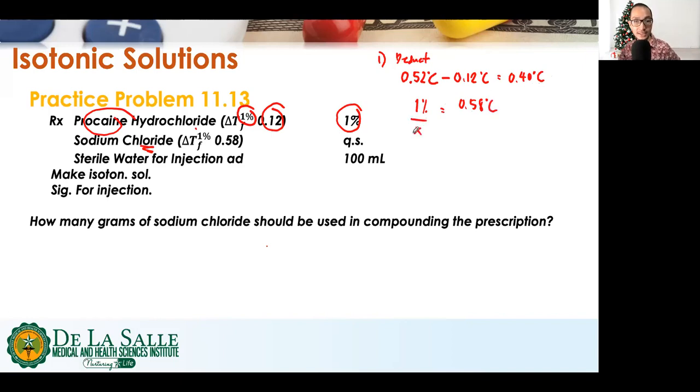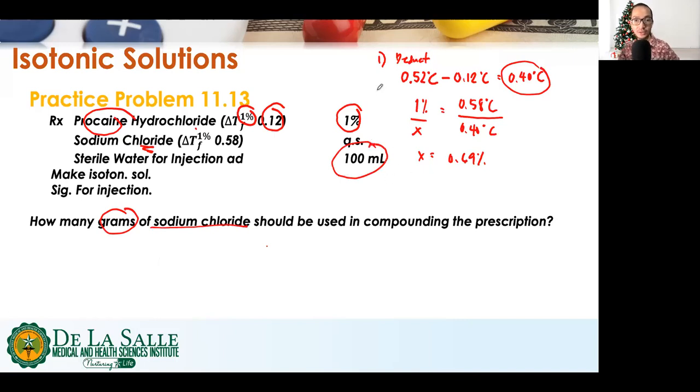What is the percentage of sodium chloride X that will produce a freezing point depression equal to 0.40 degrees Celsius? So X will be equal to 0.69%. Now what you are being asked is the number of grams of sodium chloride in a 100 ml solution that will make an isotonic solution.